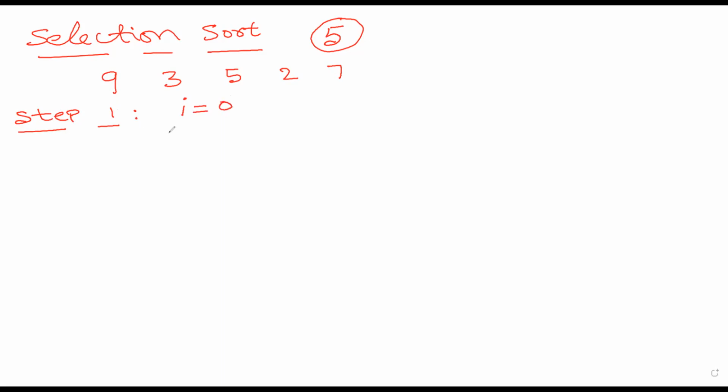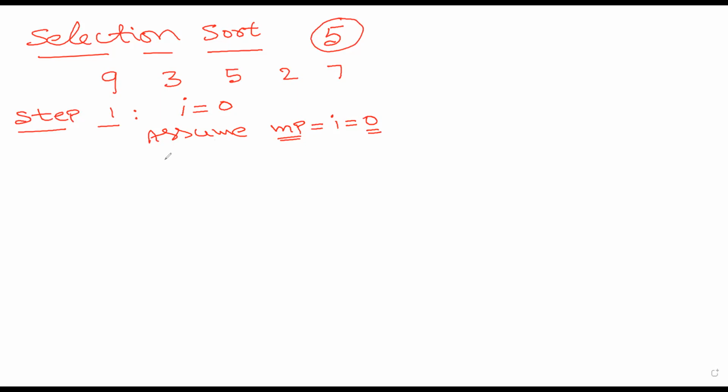Next, we assume our minimum element is present at the ith position, so minimum position equals i, where the i value is 0. Now our minimum position is 0. That is, we are assuming that at that position we have the minimum value.